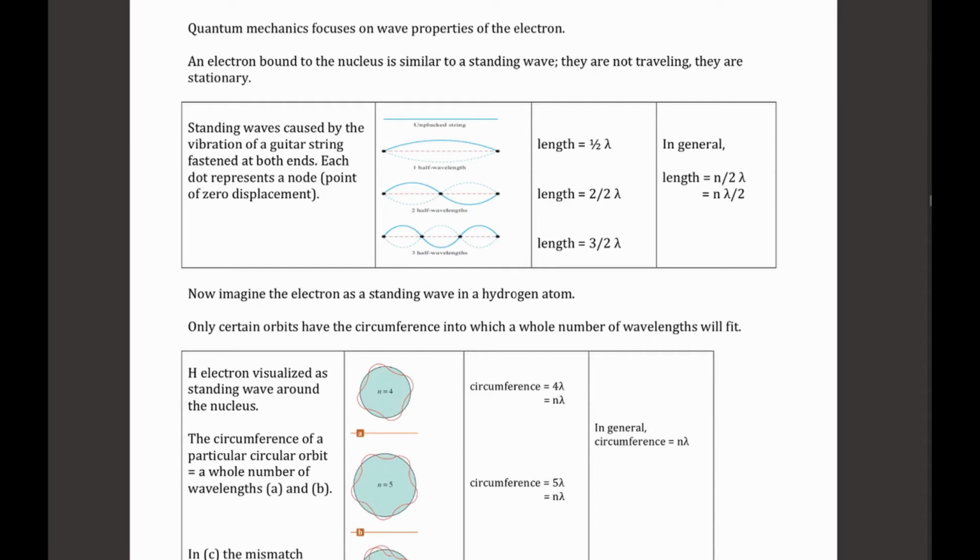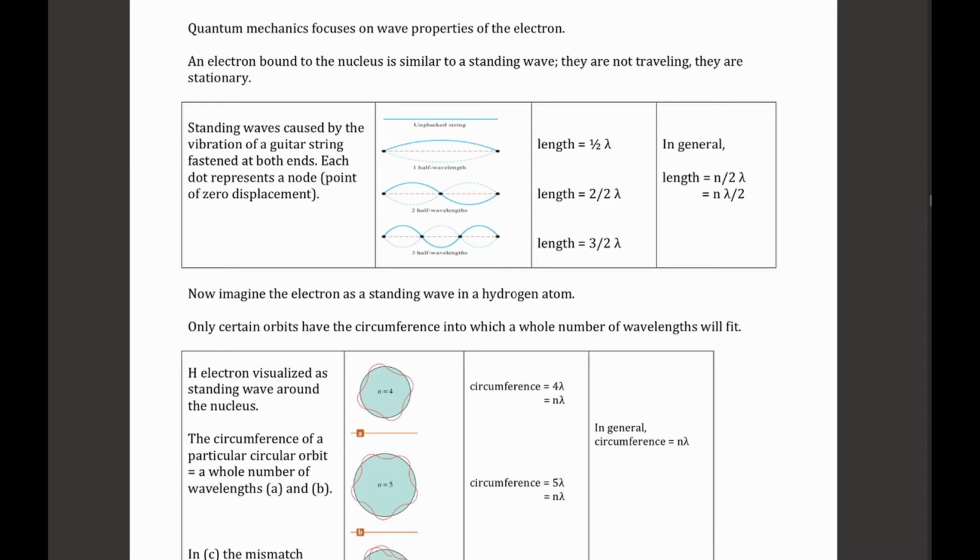So imagine we have a guitar, and standing waves caused by the vibration of a guitar string fastened at both ends. That's our description of this diagram here. So take that guitar and pluck it right in the very center. You have it bound at both ends.